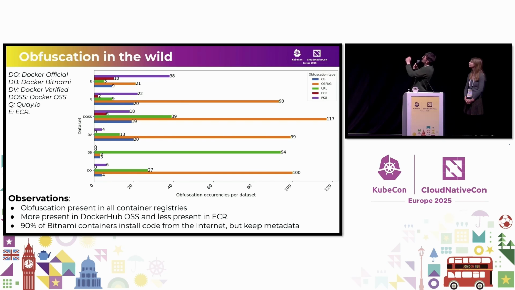And also we see that Bitnami has a surprisingly low number of OS and OS package obfuscation, and this is because Bitnami packs all the layers inside one using a tool called Crane. So we basically don't have a view of the changes in the file system.